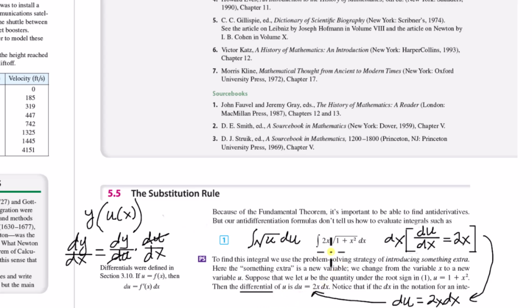Now, I want to make sure you wrap your head around the Leibniz notation, the use of differentials. In the definition, when we defined the integral in the definite integral section and the fundamental theorem section, we went into detail about what all of this means. All of this notation came from the definite integral.